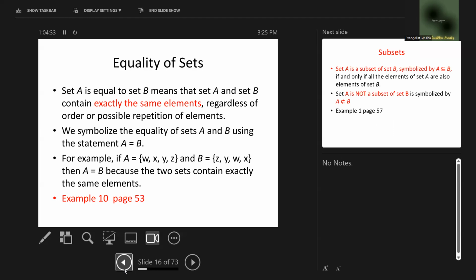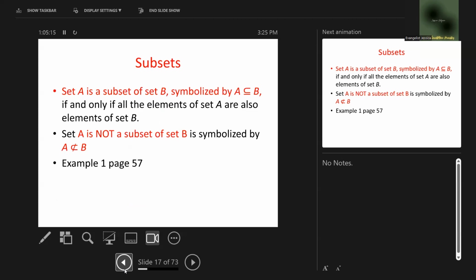Because the other set has a 0 there. At the bottom is checkpoint number 10. You have a set OLD and a set DOL. Are they equal? Yes. Number B, you have a set 4 and 5, and a set 5, 4, and null. Are they equal? Yeah, null is nothing. Nothing is nothing. Good.